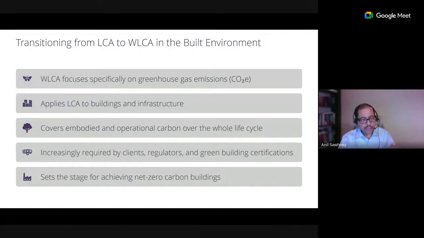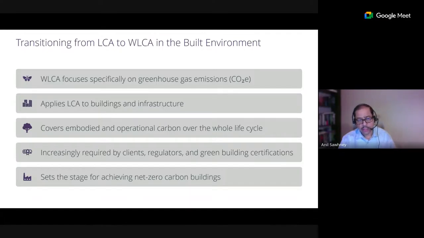We've designed it such that the LCA can be applied both to buildings, so vertical, or to horizontal infrastructure. It covers all aspects of emissions, and we are going to be discussing the various aspects of the emissions, such as embodied and operational emissions. It increasingly is becoming required by clients, regulators, and green building certifications.